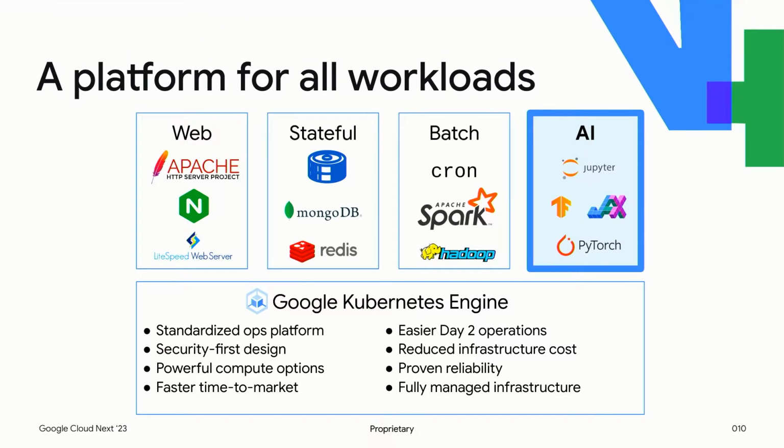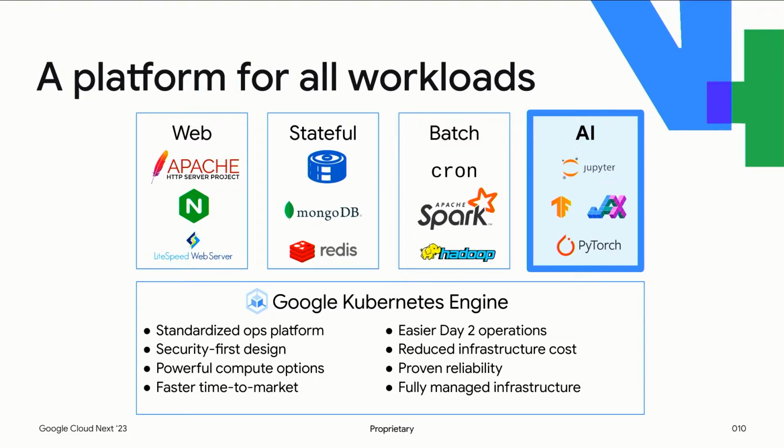And now bringing AI/ML training and inference on top of GKE, they can reuse all the best practices. You reuse all the policies that you have within your organization for what it takes to prepare an application for production. So it's your one standard platform that provides fast time to market for enterprise-ready applications.